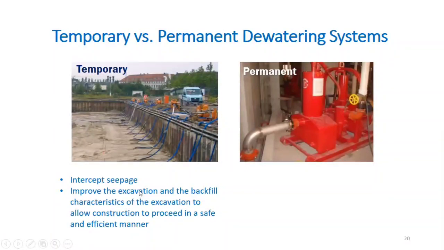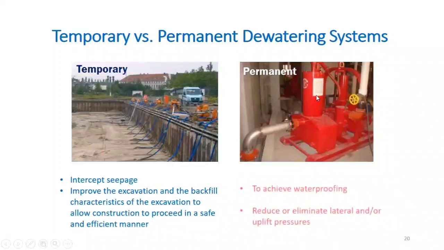One thing is clear from here: once you're doing the dewatering, it also improves the characteristics of the soil itself, because the water pressure gets reduced, and because of the reduction in water pressure, you get more effective stress, and then ultimately the soil gets improved. So it is kind of a ground improvement approach, but of course, the main objective is not soil improvement. The main objective is dewatering of the soil itself, to make your working area dry.